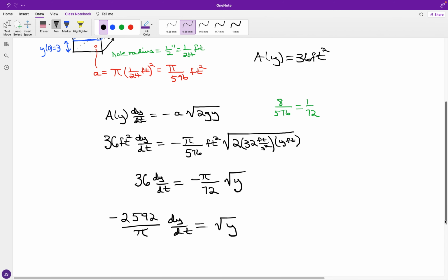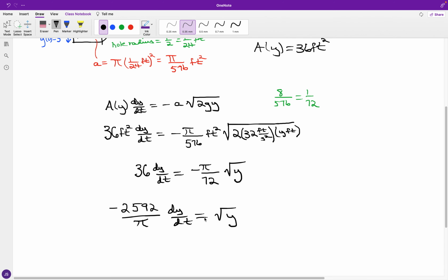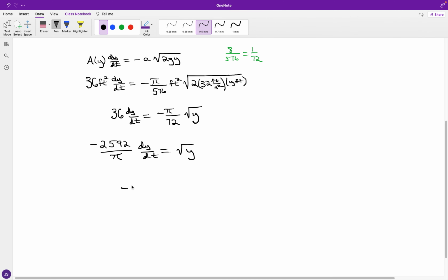And if I separate the variables, that is, simultaneously divide by the square root of y and multiply by dt, we'll have negative 2592 over pi times the square root of y, dy, is equal to dt.